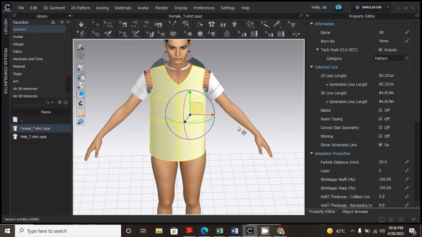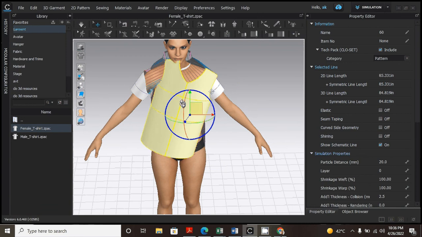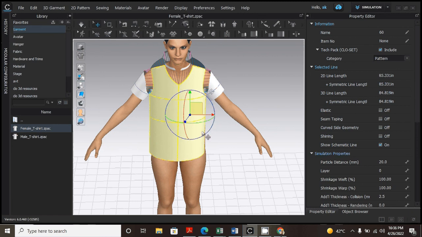The Gizmo tool is an important tool we use for aligning the patterns on the avatars. So one is the arc, the highlighted blue one. When you place the cursor on it, it will be highlighted, and then you can use that arc to rotate.